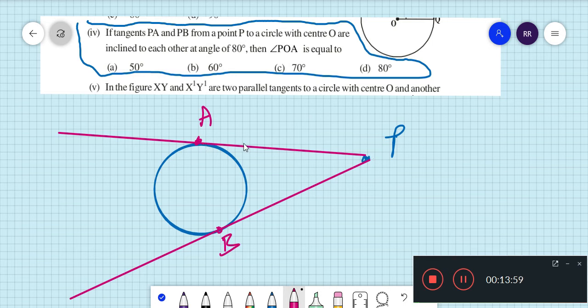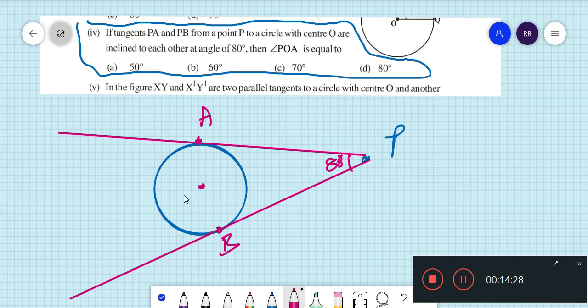So PA and PB are the two tangents from point P. This is the circle, and here is the center O. They are inclined to each other at an angle of 80 degrees. Then angle POA is equal to POA. Where is POA?